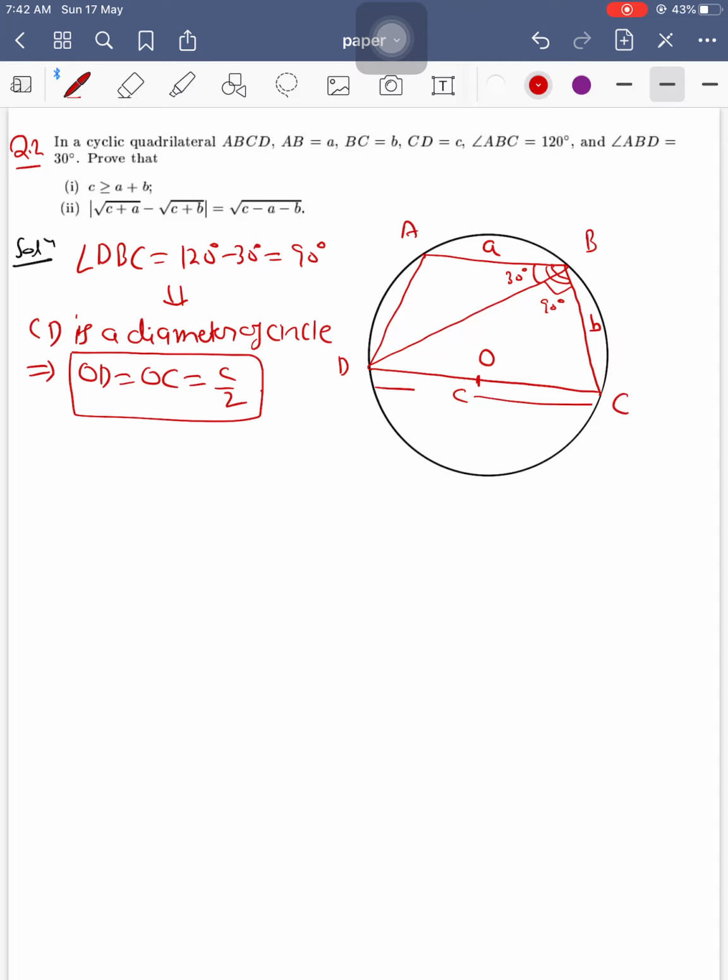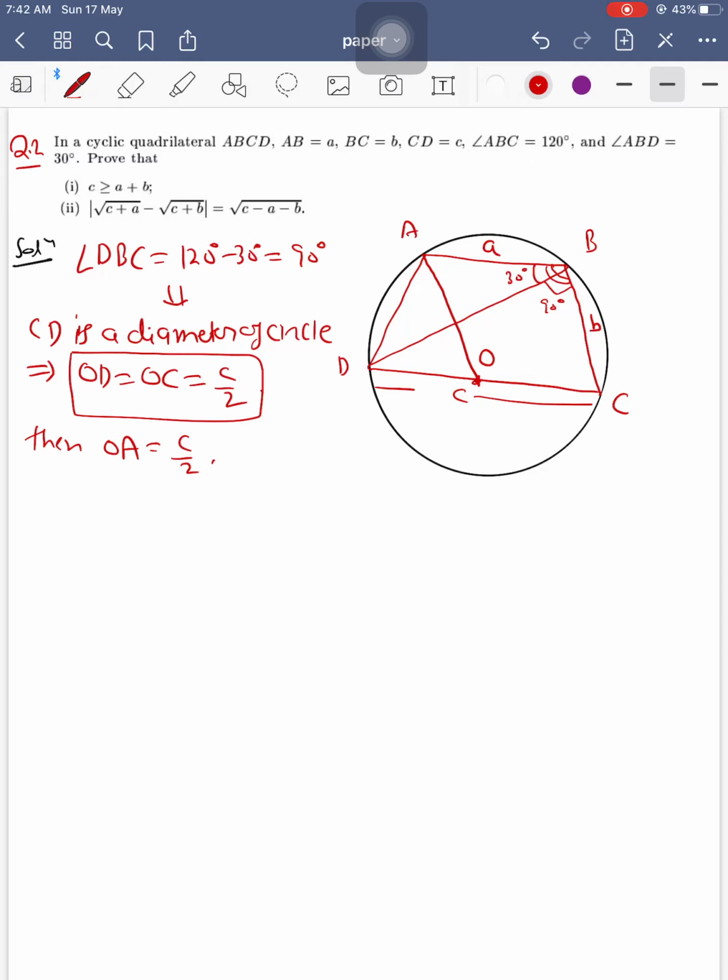Okay, connect O to A. Then OA is also the radii and is equals to C by 2.